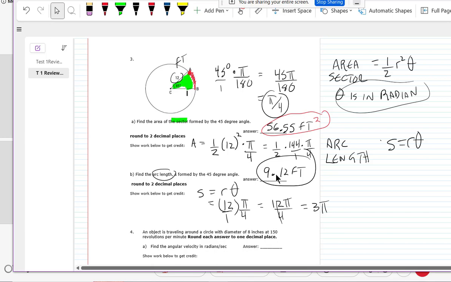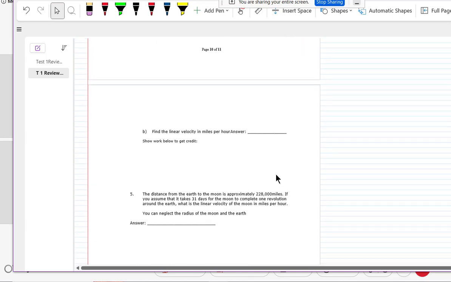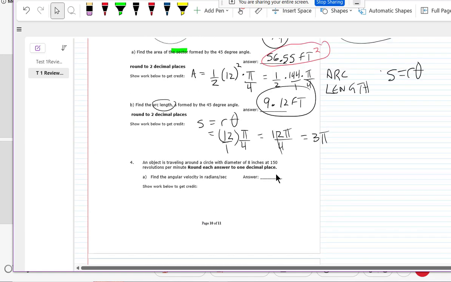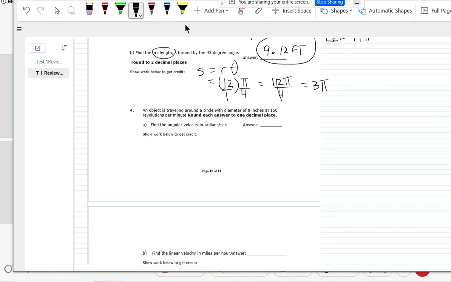Okay. Next thing is the linear and angular velocity. So I'll go ahead and do these, and then we can go back and take some questions on some other things. We may have time to do that a little bit. All right. So I do give you all these formulas.